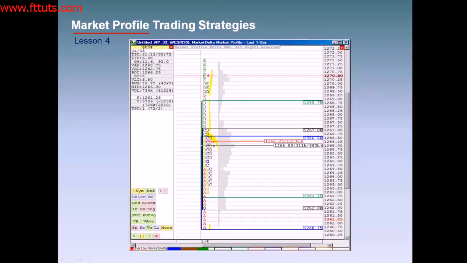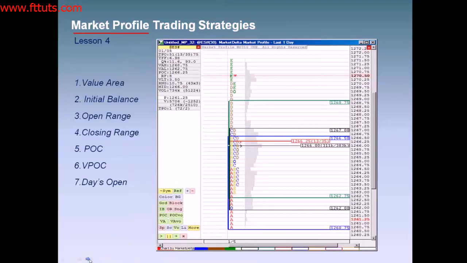Yes, there's a little bit of an area here where we tried to form a balance, but we never quite got a very large balanced area. So this is definitely an imbalanced profile, and that is an important observation to be able to make once you look at a chart to discern whether it is balanced or imbalanced.